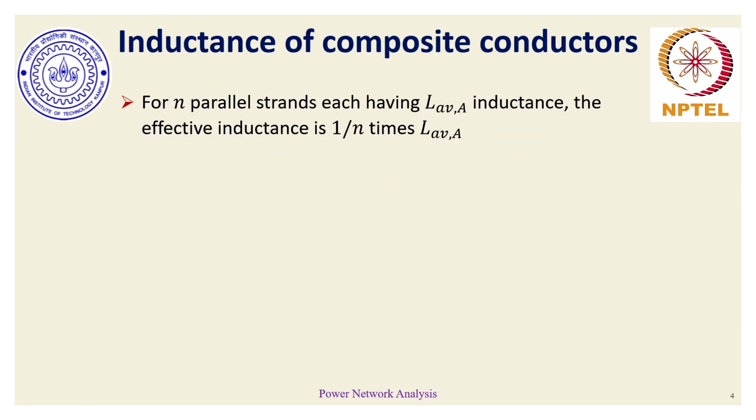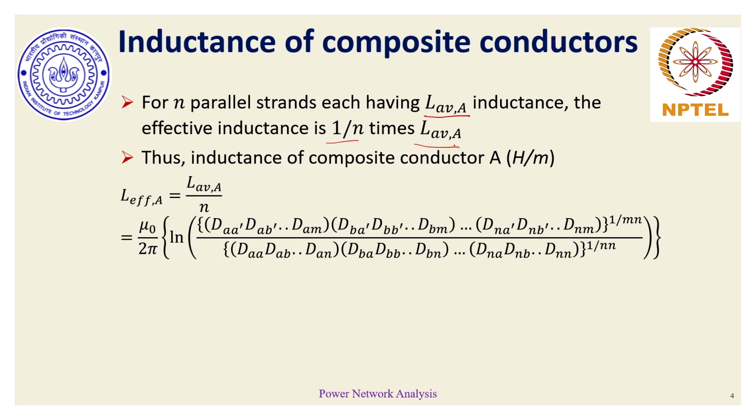So since there are n parallel strands, each having the inductance L average comma A, then the effective inductance, as discussed in the previous slide, would be 1 by n times L average comma A. So basically the effective inductance is 1 by n of L average comma A.